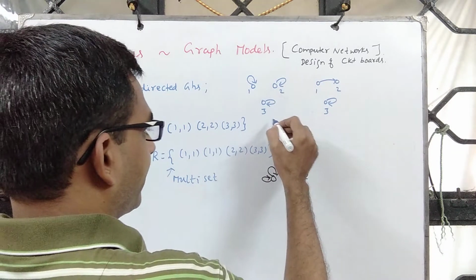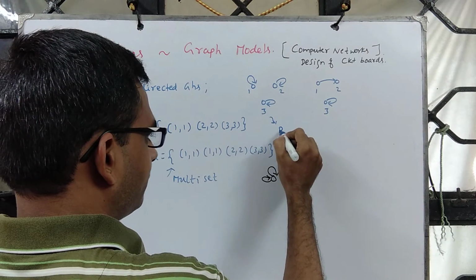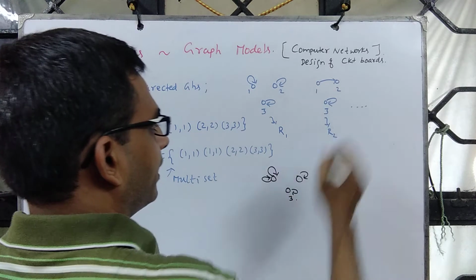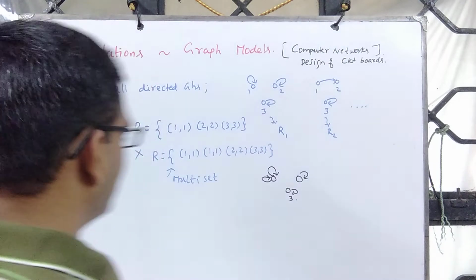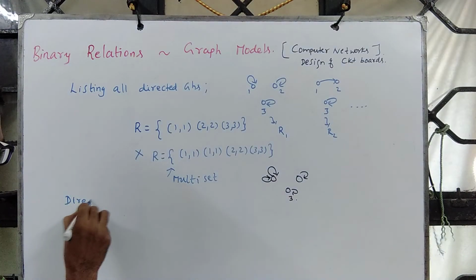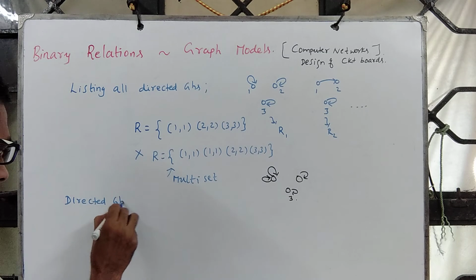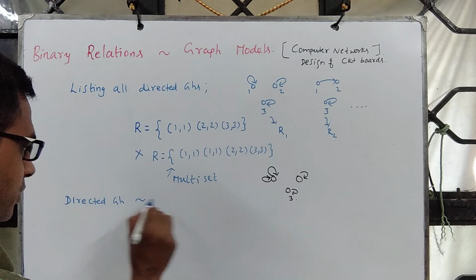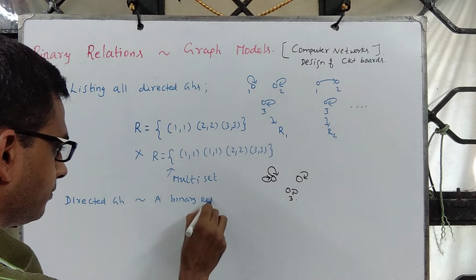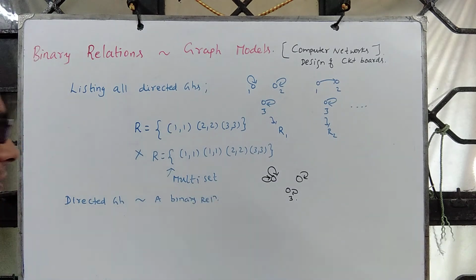So now this is a relation, this is a relation, and it turns out that a directed graph corresponds to a binary relation. Correct?